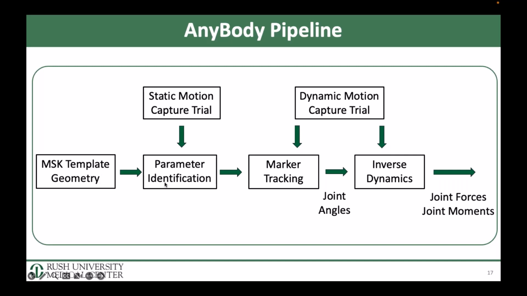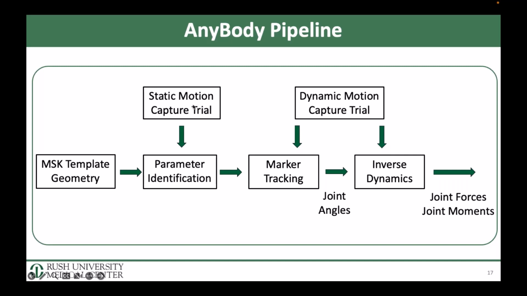the investigation. And the idea is that the parameter identification scales this musculoskeletal template geometry according to the information within the static motion capture trial. So the static motion capture trial is actually a C3D file, C3D data. I showed it in the previous slide.